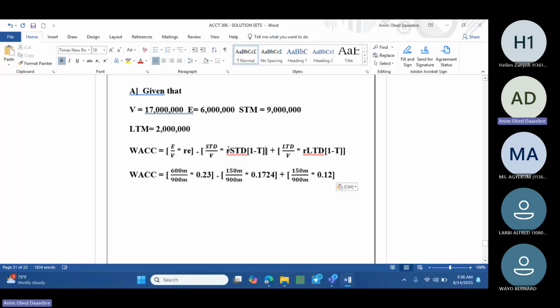The cost of short term is the R STD. Then you also factor in tax. It is a debt, so you need to subtract tax from that. Then you go to the long term. The value of long term over the total book value times the cost of long term. Then you factor in tax also.